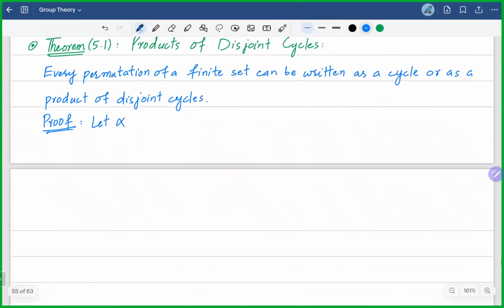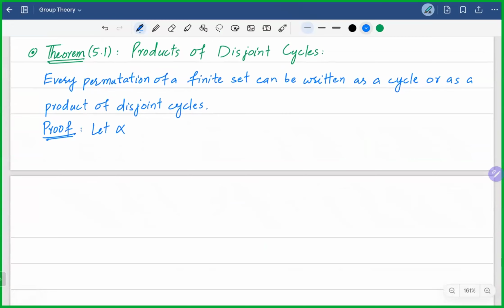When I sketch the proof, you can also listen to what I'm saying, and I'll try to speak the words but not write all of them. So let alpha be a permutation from A to A, where A is a set.